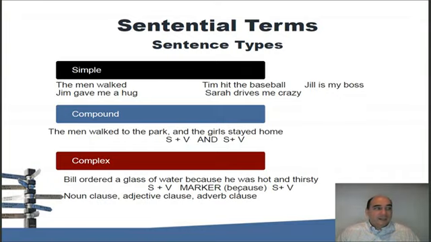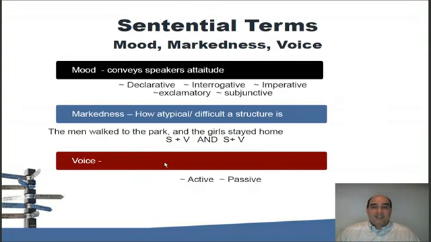There can be contrastive markers, right? We'll talk about those a little later. We've got three basic kinds of sentences: simple, compound, and complex. Obviously, you can also have compound complex, with a variety of sentence parts combined together.